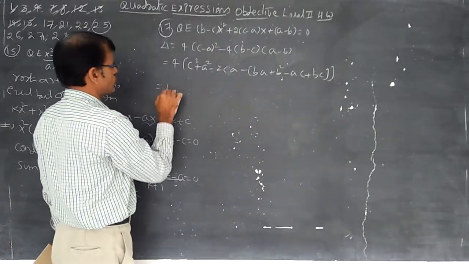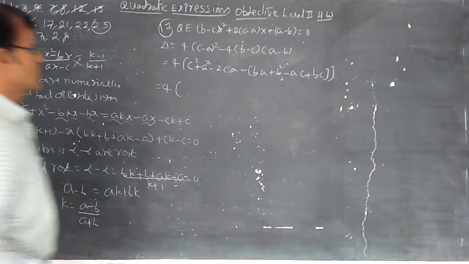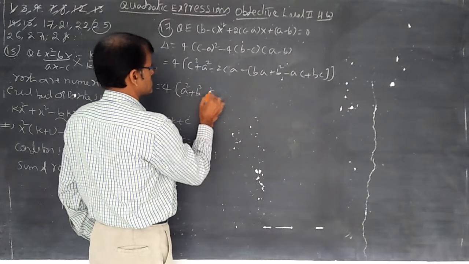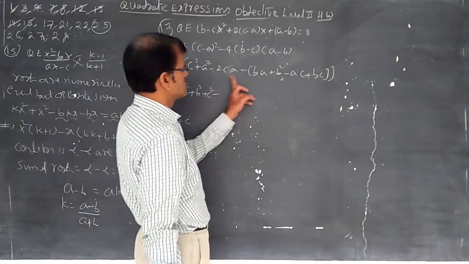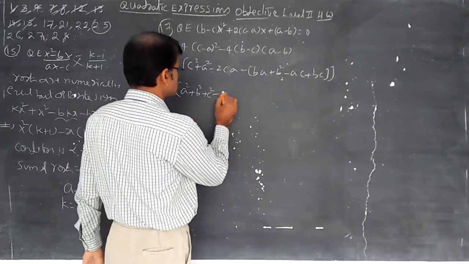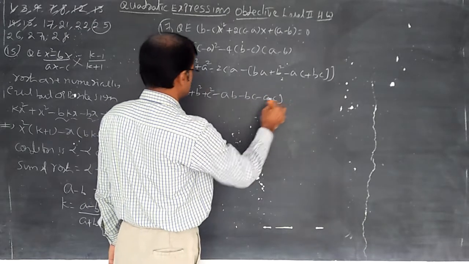I think in 11th class we have done the same model question. It equals 4 into a square plus b square plus c square minus ab minus bc minus ac.